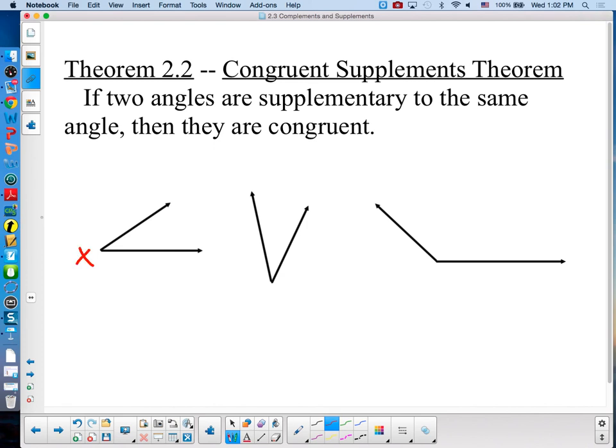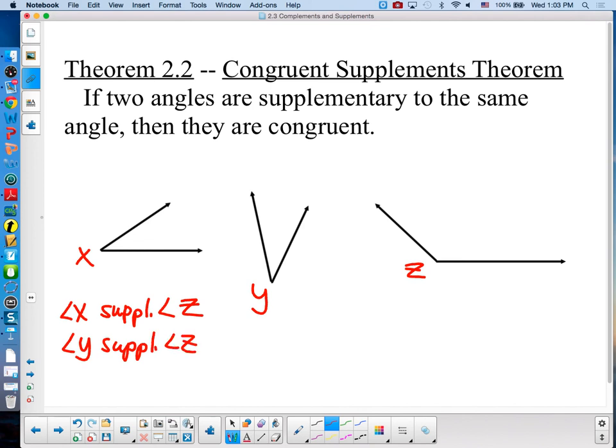Let's call them angles X, Y, and Z this time. Okay, we need two angles supplementary to the same angle. Angle X is supplementary to angle Z, would be the logical one in the picture. And then angle Y is supplementary to angle Z.